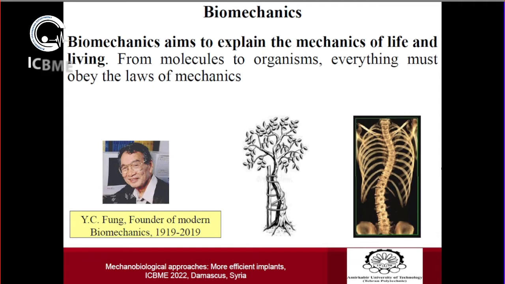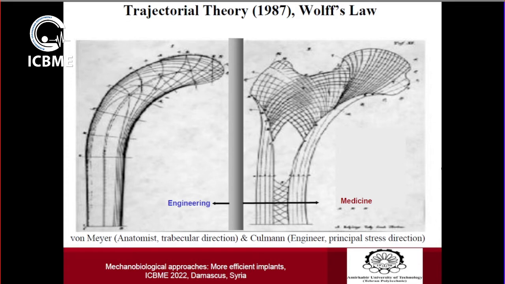please. Okay, in a scientific meeting in 1987, two researchers presented results of their studies. One on the left-hand side, results of investigation on a crane which was designed by a Swiss engineer, the distribution of principal stress within the crane.